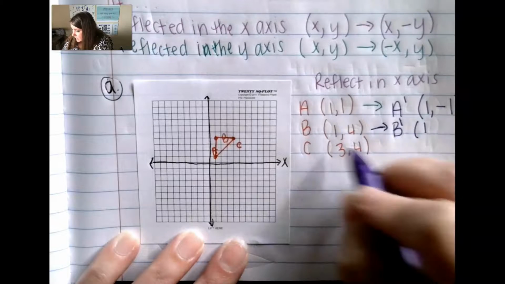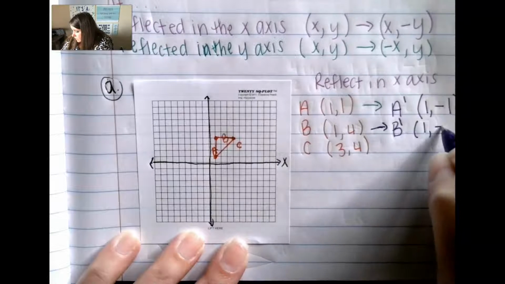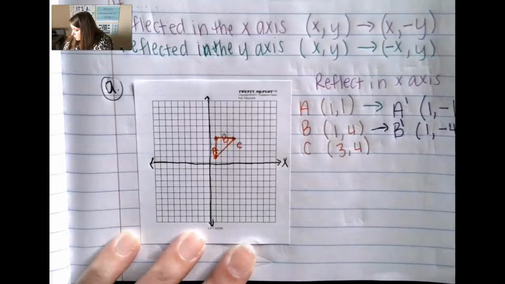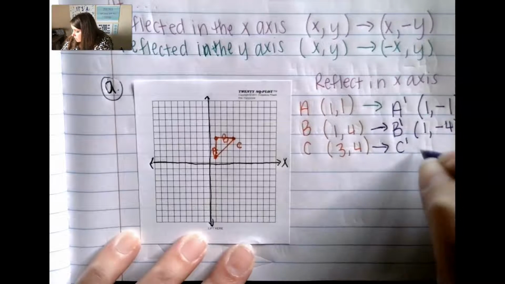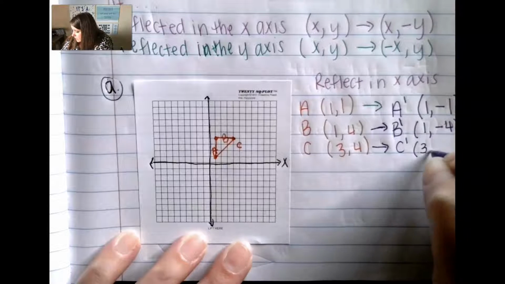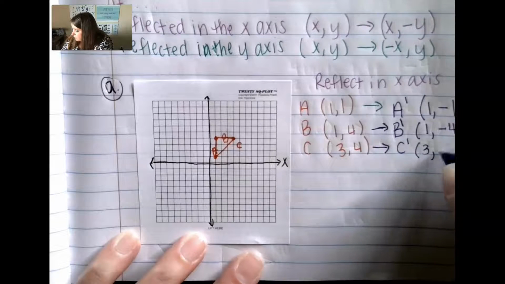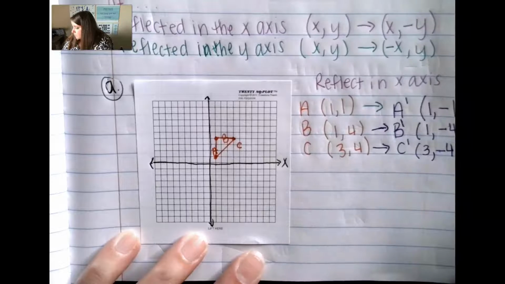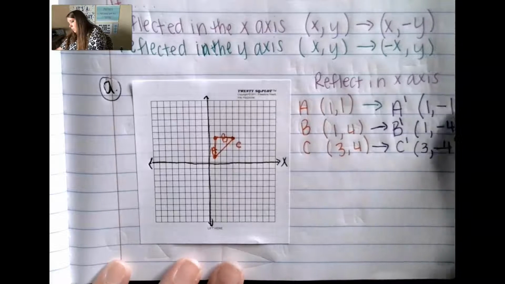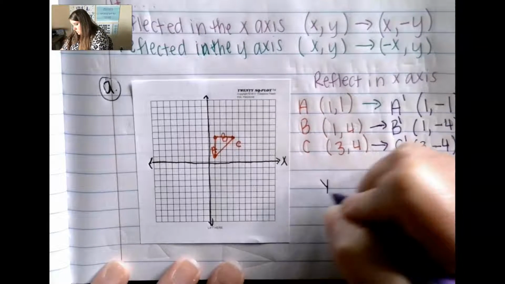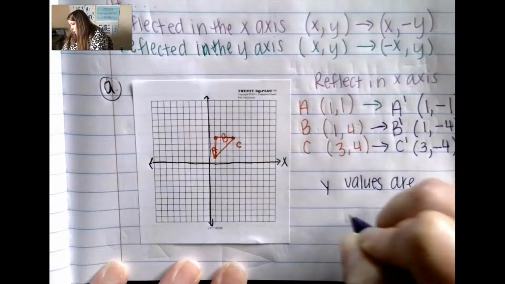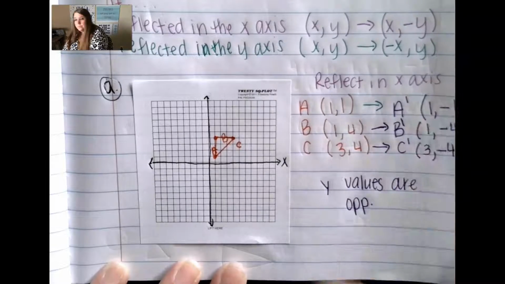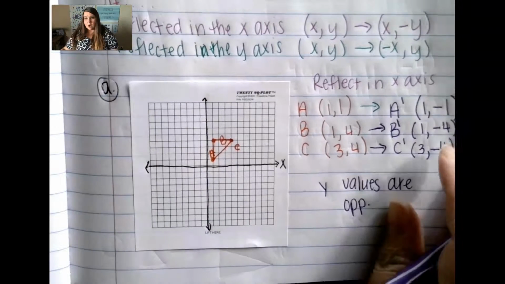X stays the same. My y value is going to change to -4. And last but not least, C. My C stays the same, and my 4 is going to become a -4. So notice that the y values are their opposite. Okay, so the y values are opposites.